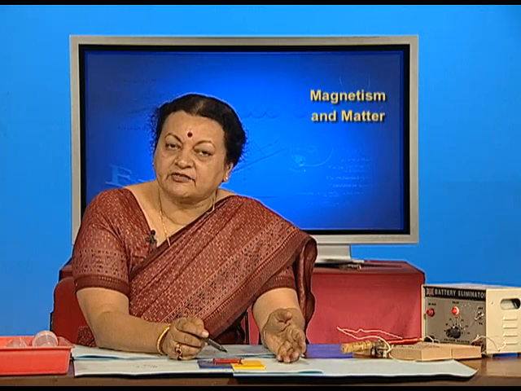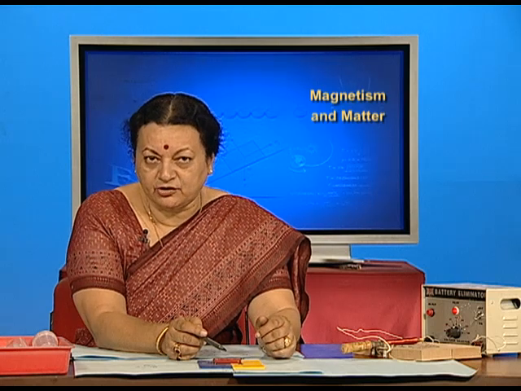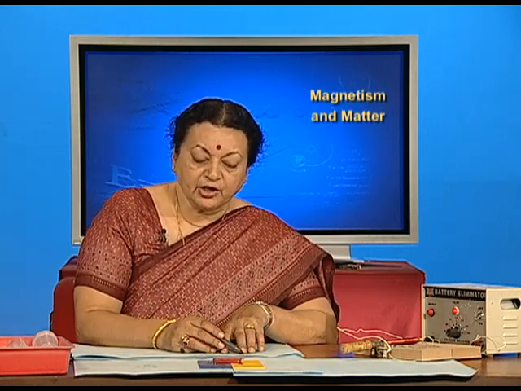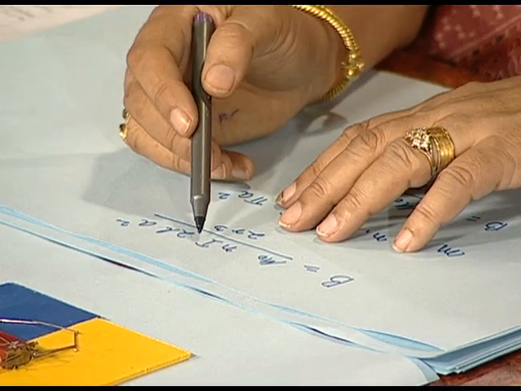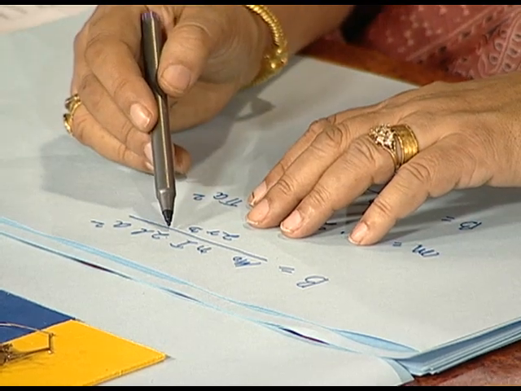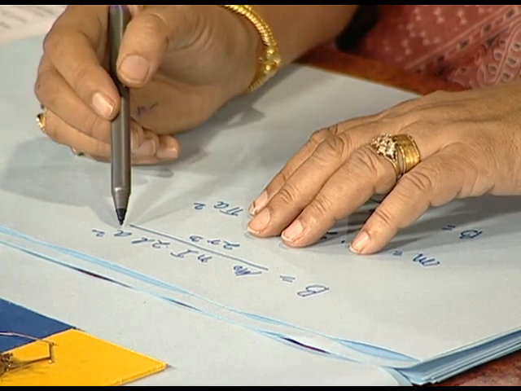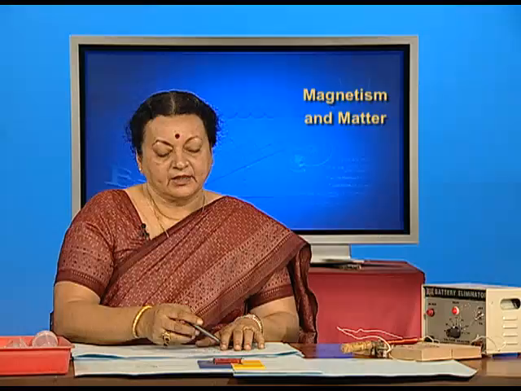So, our x value is very much less than r, and so is our L value less than r. So, we now get this expression B is equal to mu naught n I being the total number of turns, and I the current, a square upon 2 r cube.